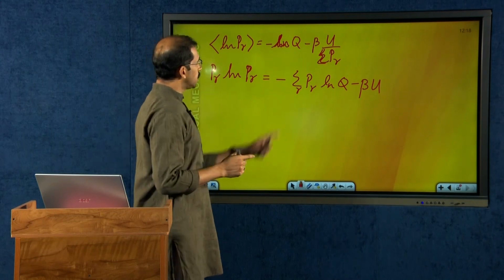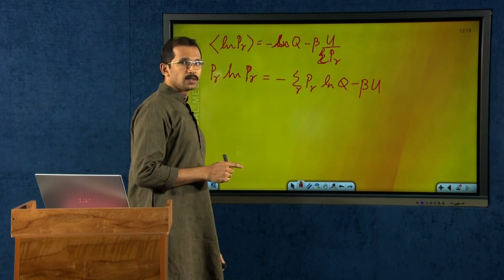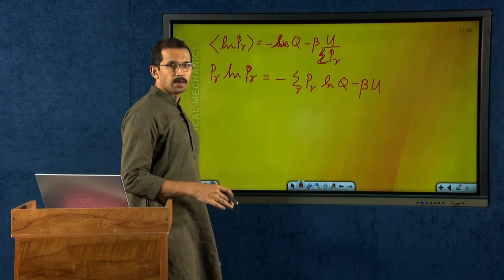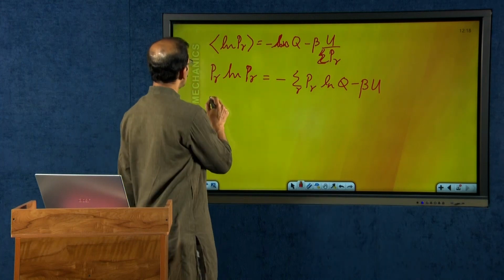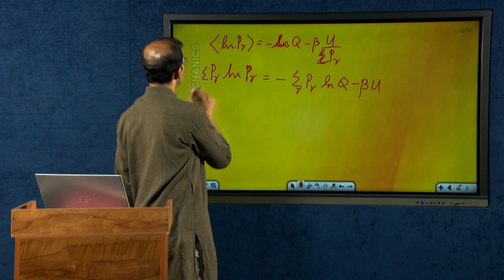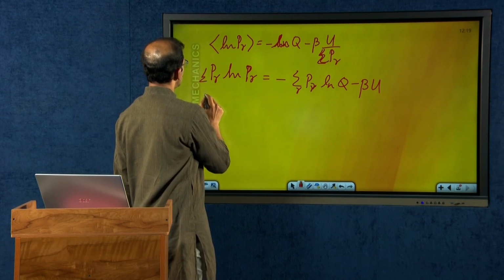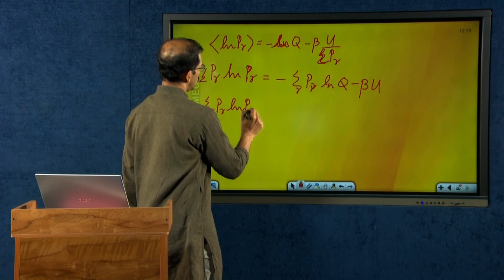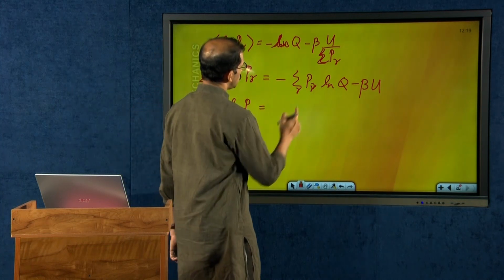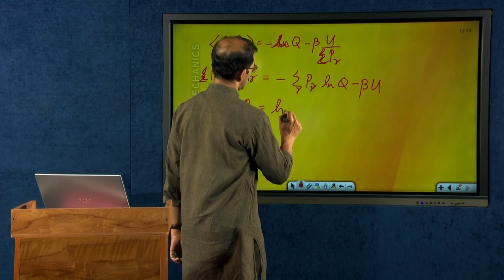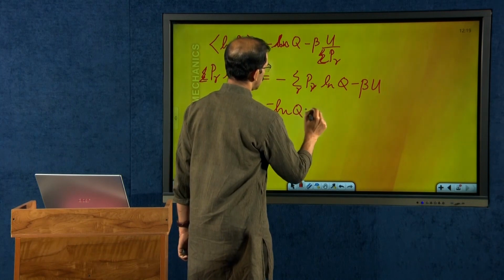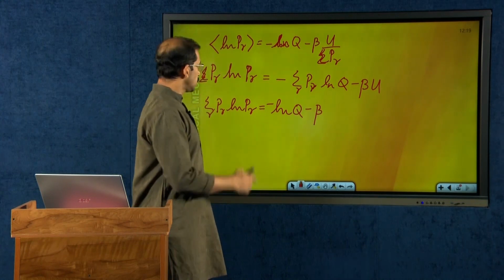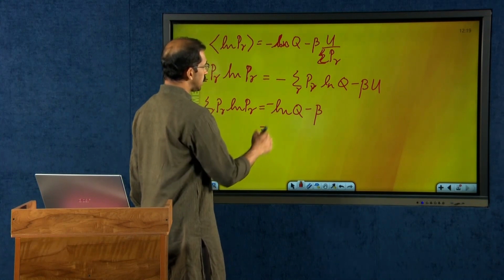The summation over r of P_r is equal to 1. So, therefore, the summation over r of P_r ln P_r is equal to, this is 1, therefore, minus ln Q minus beta U, and I know that this is equal to minus ln Q.